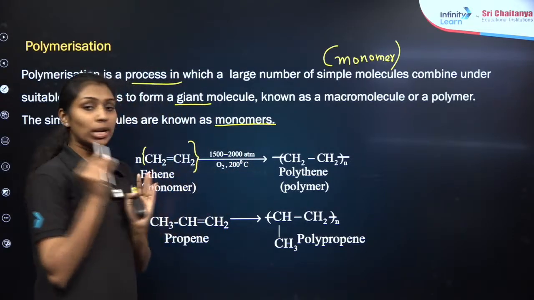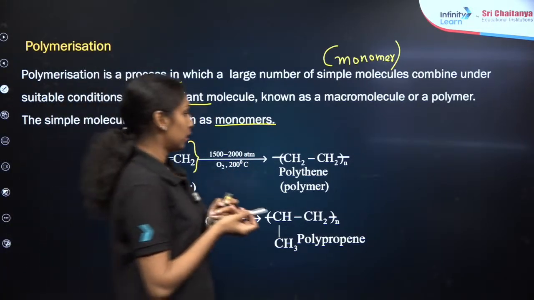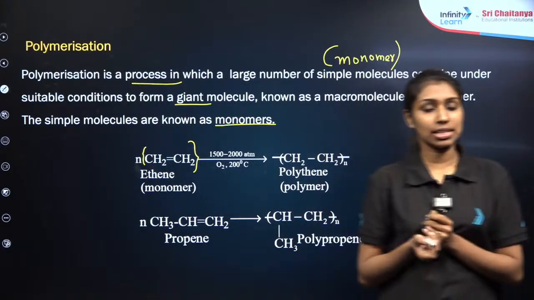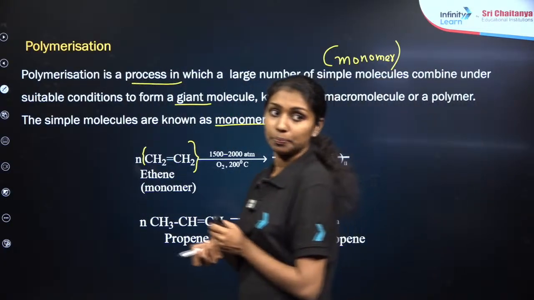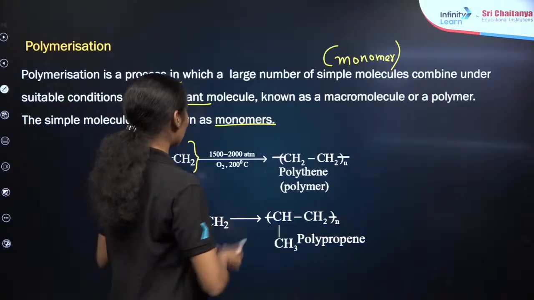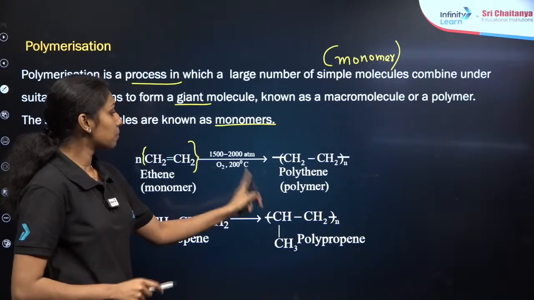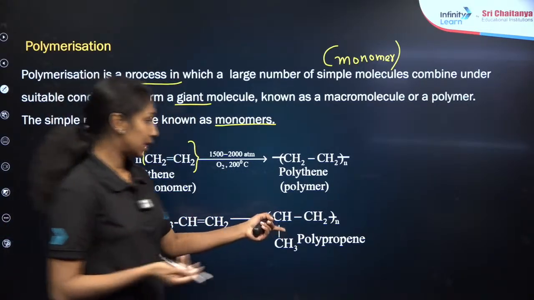I will get polythene. The plastic covers we are using are made of polythene, polyethylene. So this is the polymer of ethene, known as polyethylene.